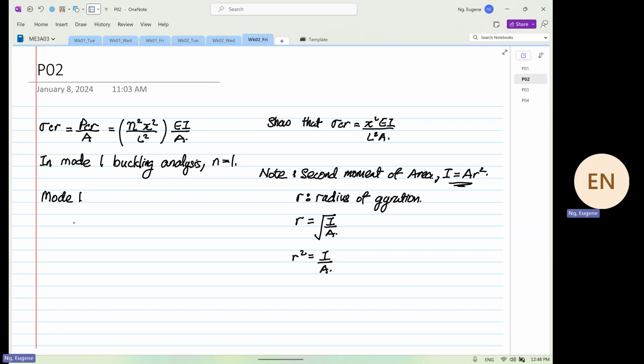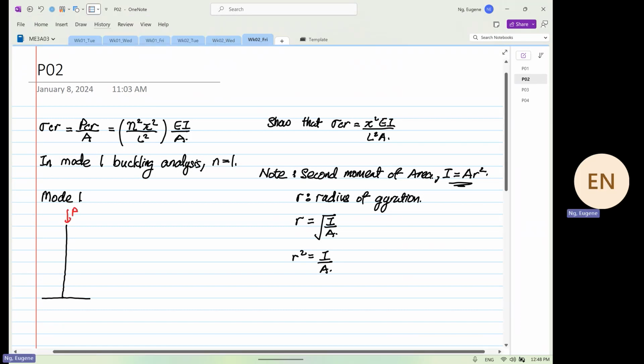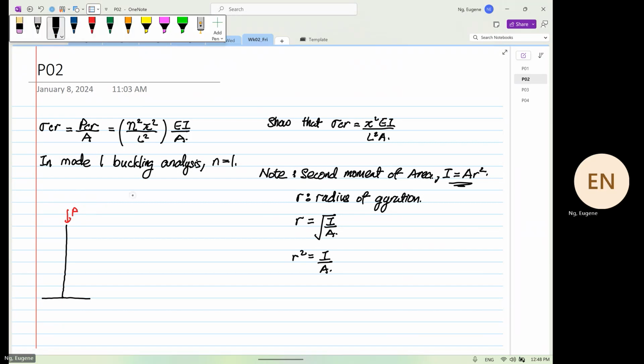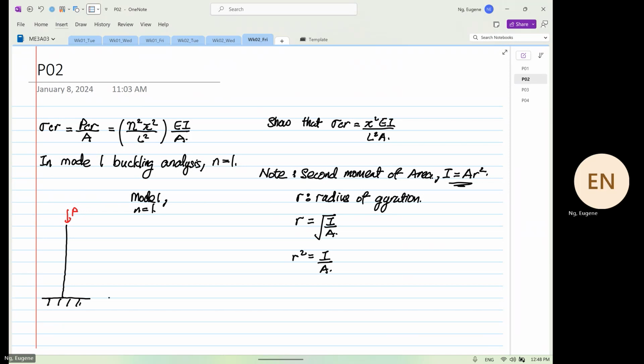If you have a structure, this is your slender bar, and this is your load P. Mode 1, where N is equal to 1, your deflection will look like this.